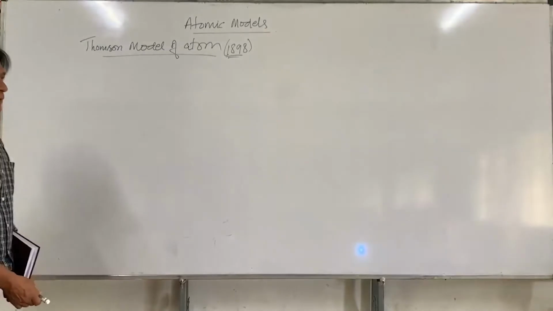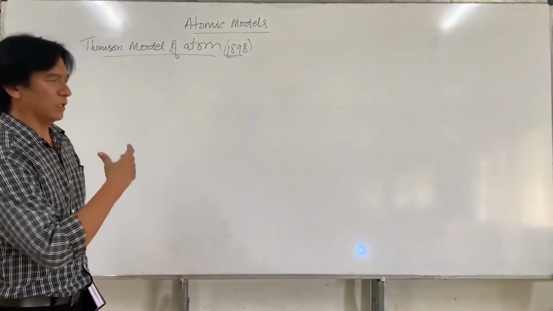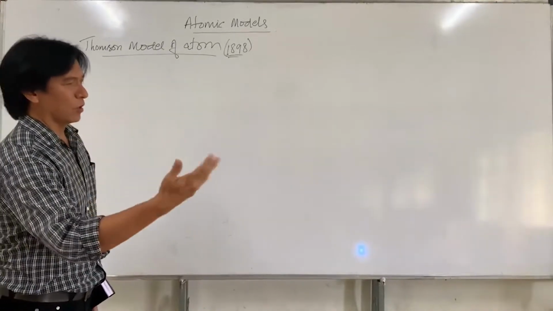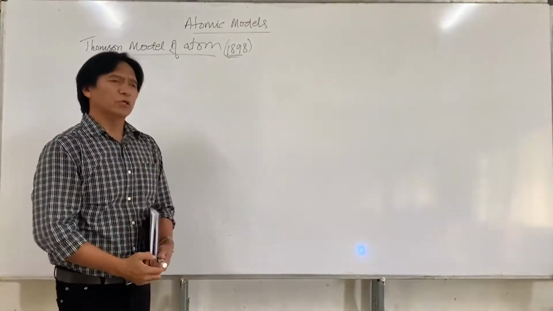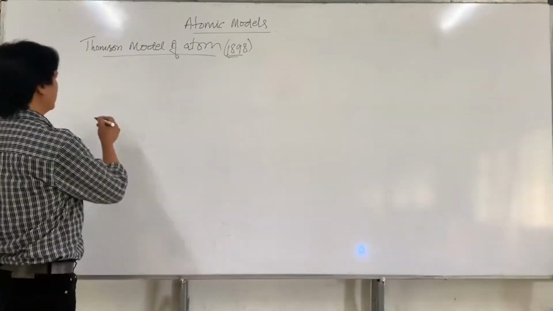And now we are going on to the next part, that is Rutherford's nuclear model of an atom. But before that, let me tell you a few words on radioactivity.